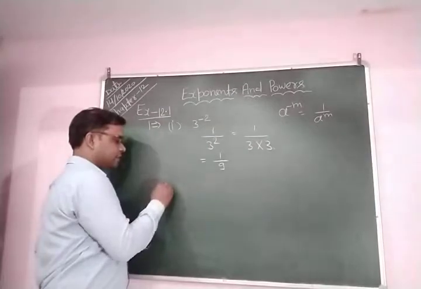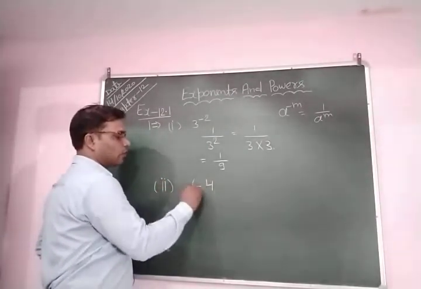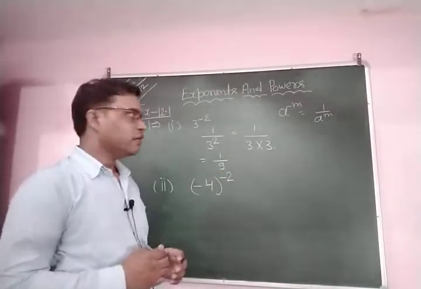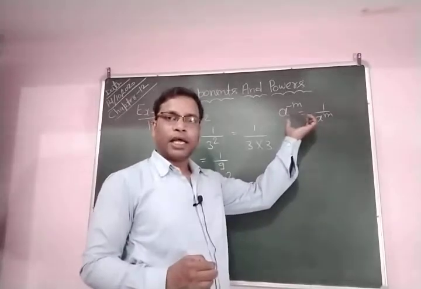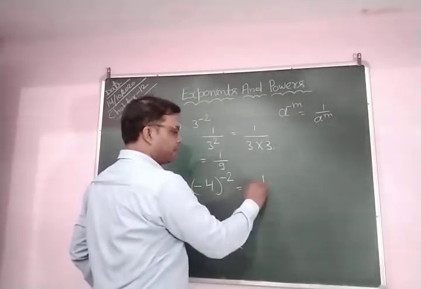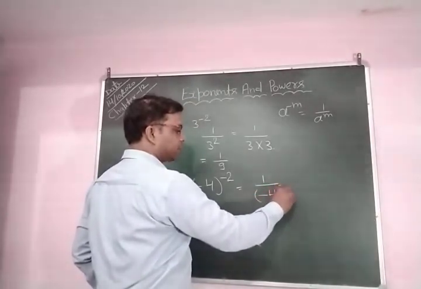The second part of this question number 1 is minus 4 whole power minus 2. We need to evaluate it. For this, according to the law of exponent, we can first write it as 1 by minus 4 to the power 2.